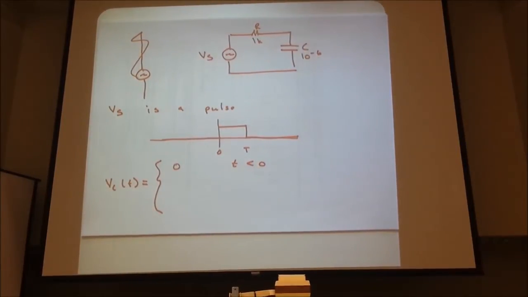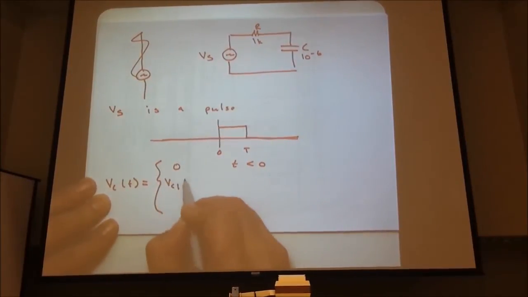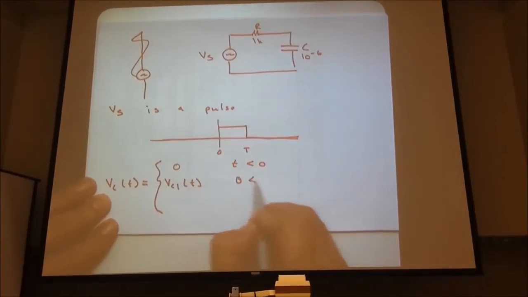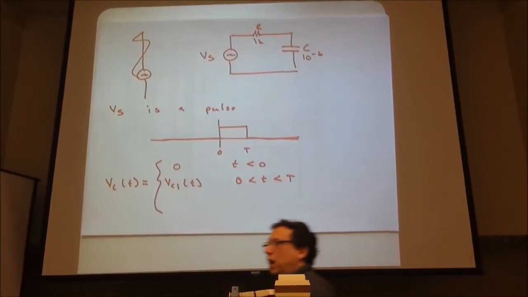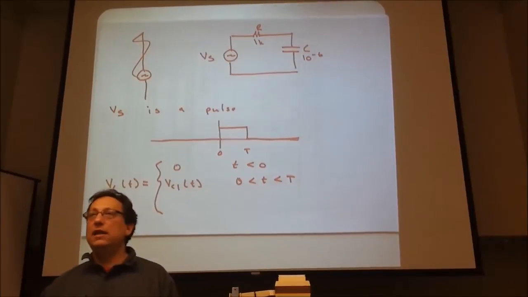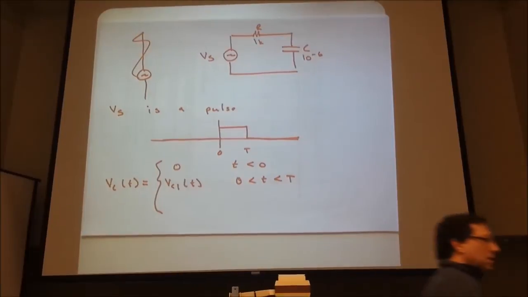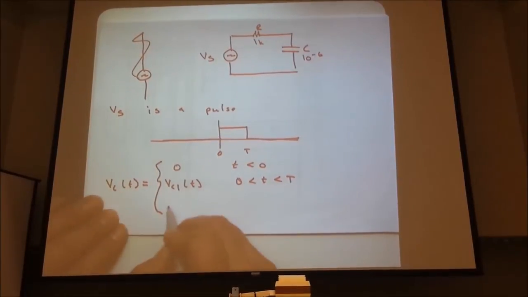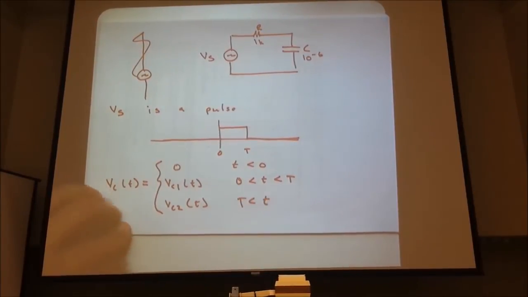And before I start putting in numbers, we also have some period of time, and I'll just call it VC1 of t, for 0 less than t less than capital T. We can find some solution while the pulse is on, while the pulse is high. And that's its own particular solution. And now we have another solution for t greater than capital T.